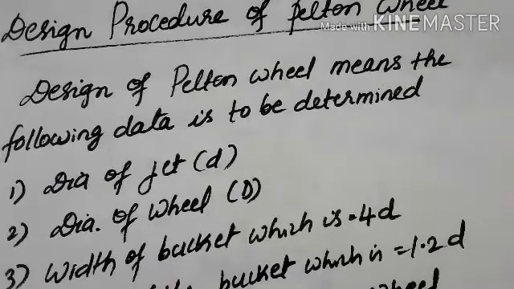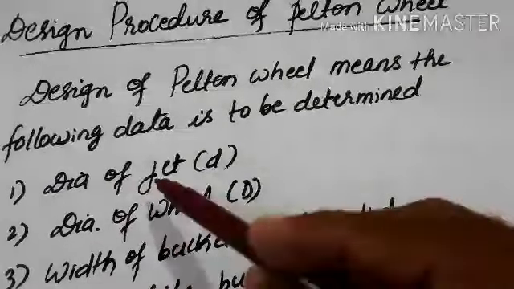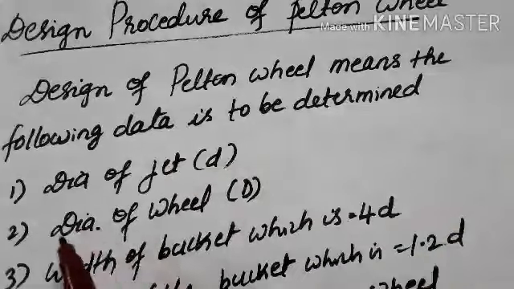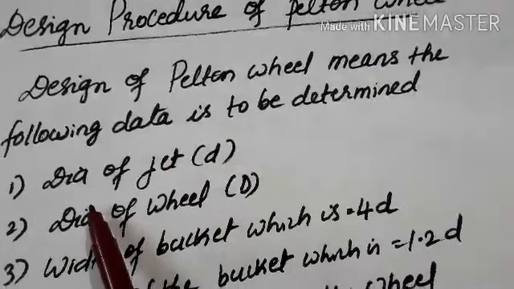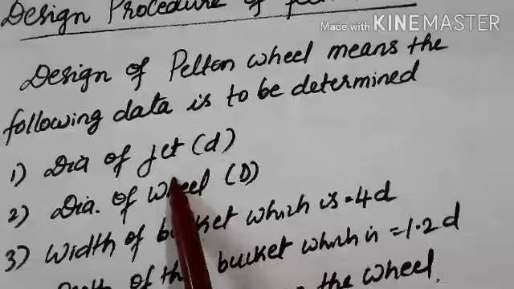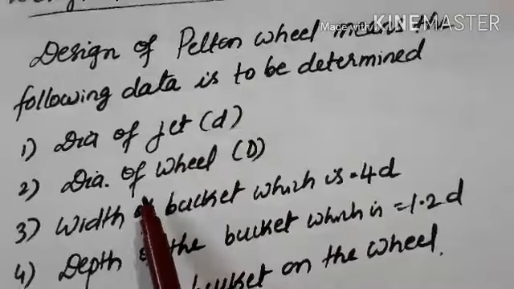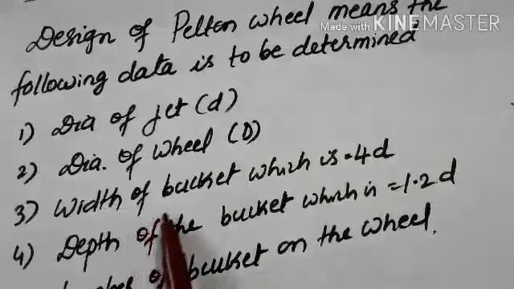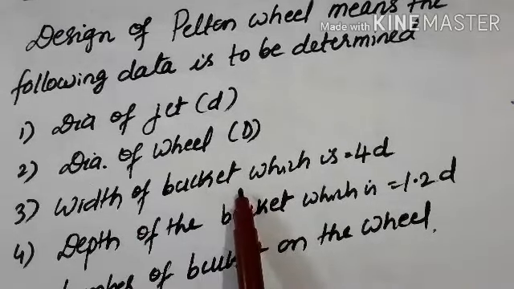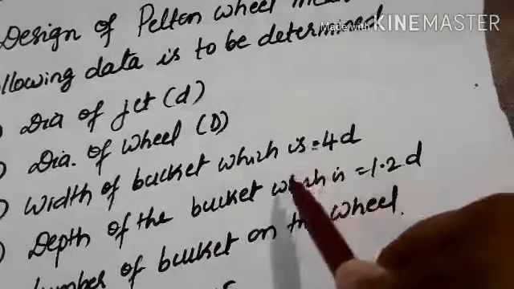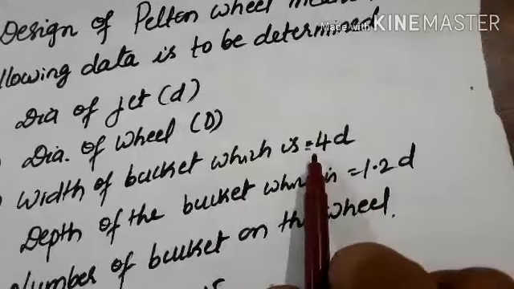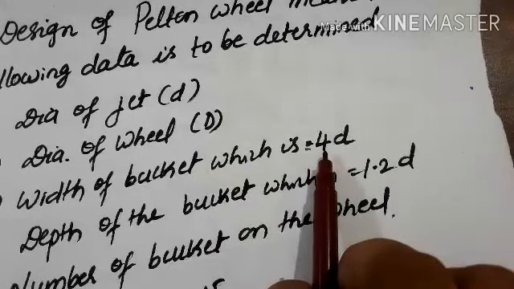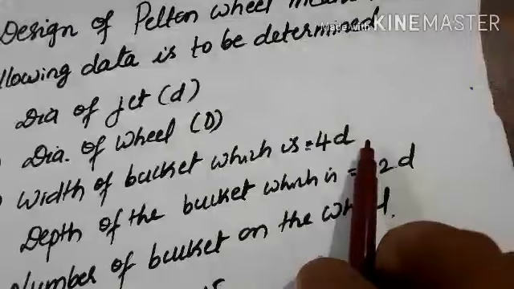So in this design, we need to calculate the diameter of the jet, then we need to calculate the diameter of the wheel, then the width of the bucket, which is generally taken between 3 times the diameter of jet to 5 times the diameter of jet.